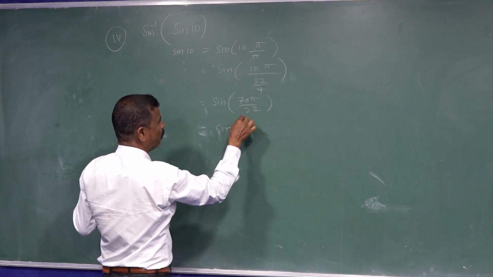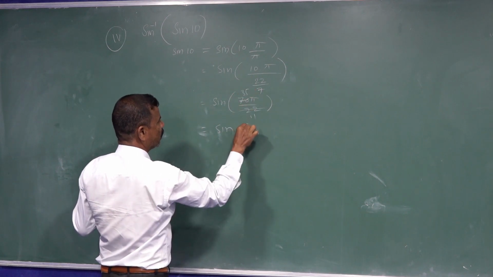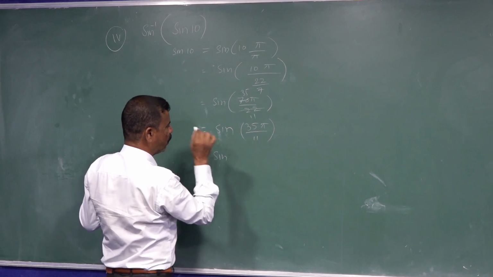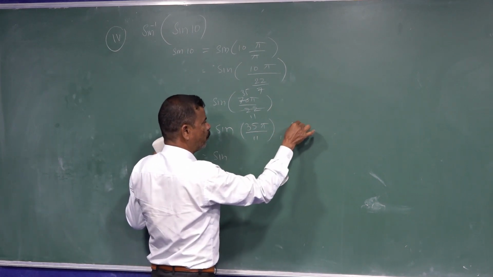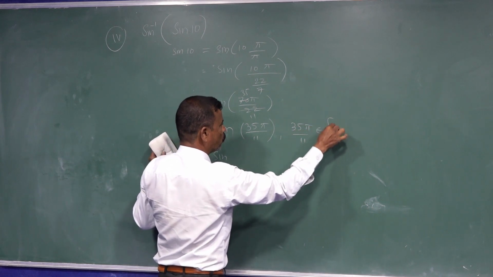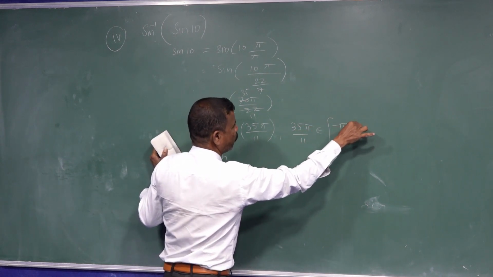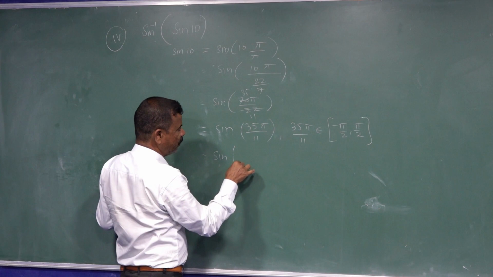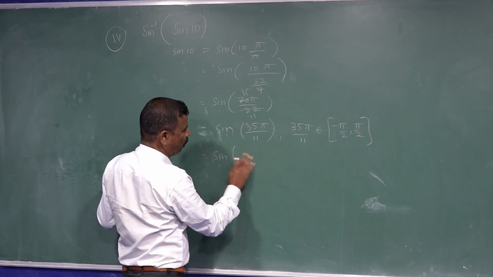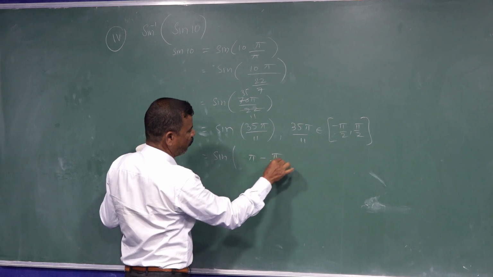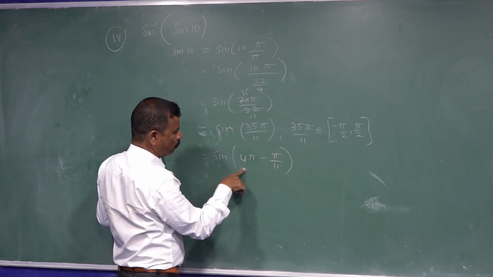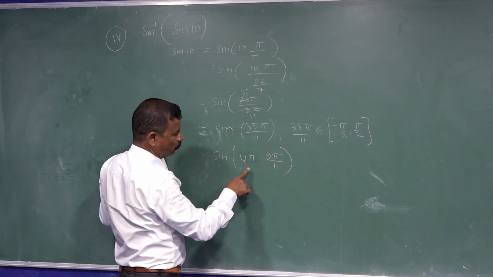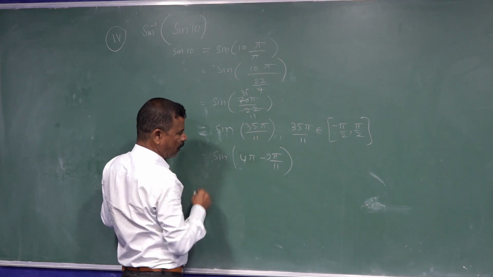After this, sin of 2 11s are 22, 35π by 11. So this is converted to the domain. Here 35π/11 does not belong to minus π/2 to π/2. So how do we convert? Sin 35π/11 is written as 4π minus 9π/11. Put 4, 44 minus 9, 35 by 11 coming.